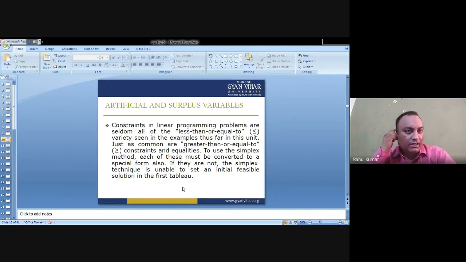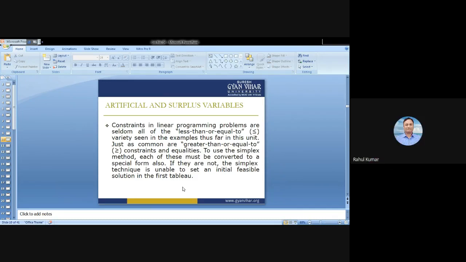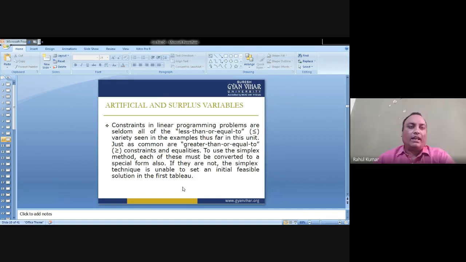Then we come to the artificial and surplus variables. Constraints in the linear programming problems seen in the examples so far were all less than or equal to. But in this unit, we also have greater than or equal to constraints and equalities.